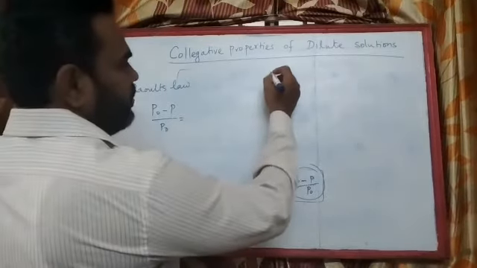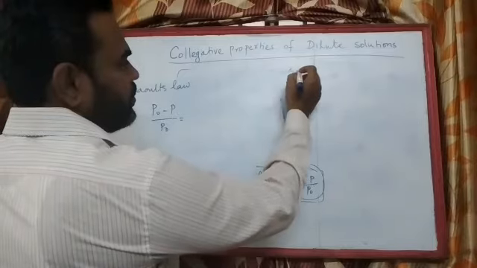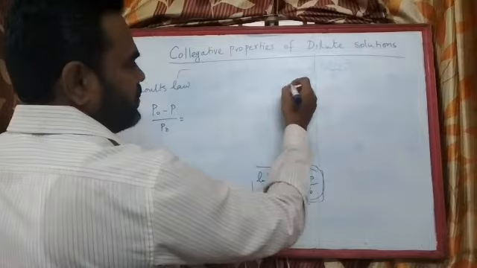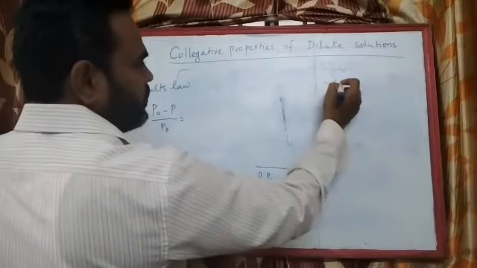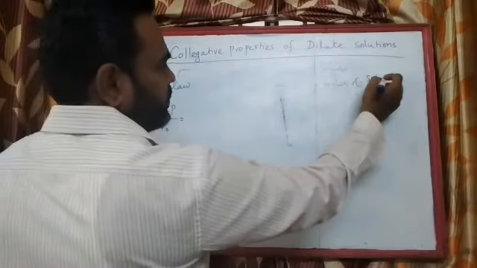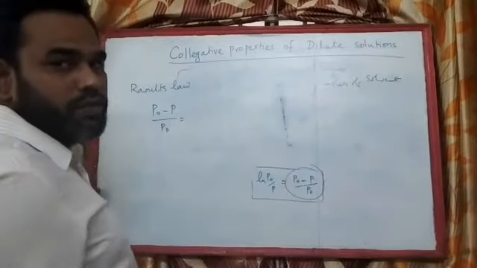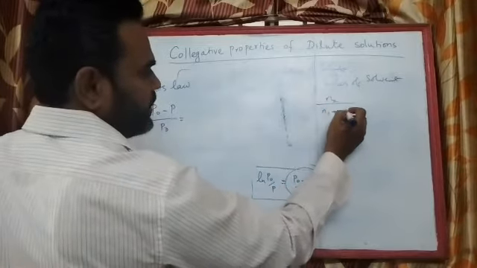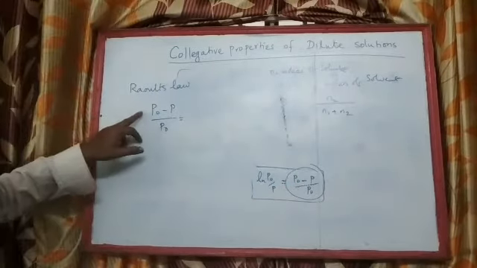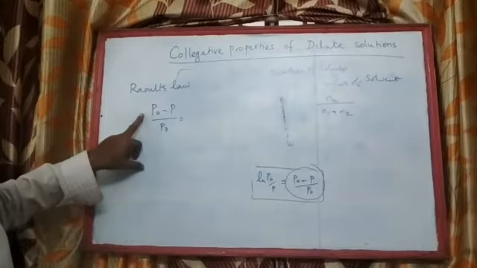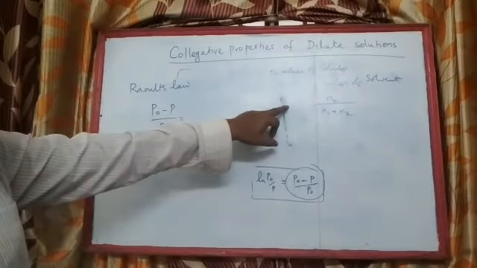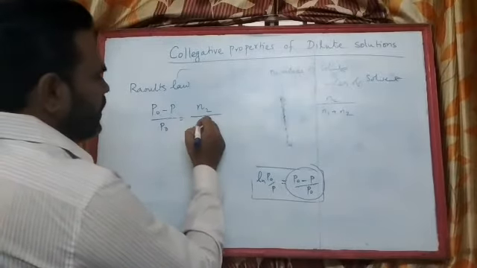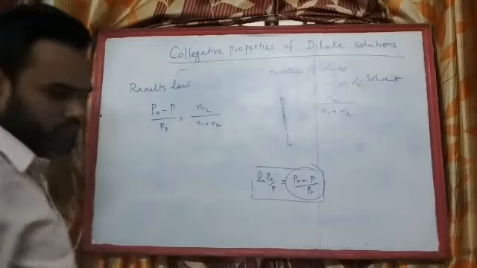Say you have N2 moles of solute dissolved in N1 moles of solvent. Then the mole fraction of solute in a solution is equal to N2 by N1 plus N2. So the relative lowering of vapor pressure of a solution depends on the number of moles of solute in a solvent. Therefore it is equal to N2 by N1 plus N2.